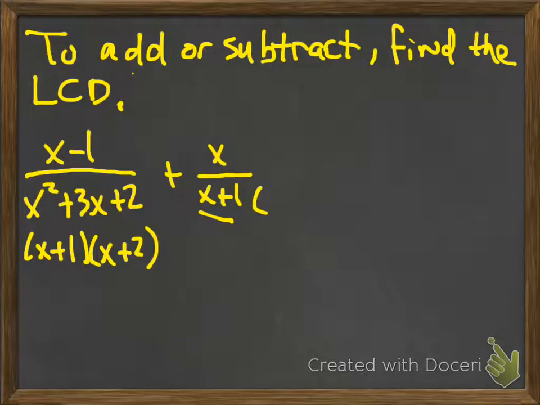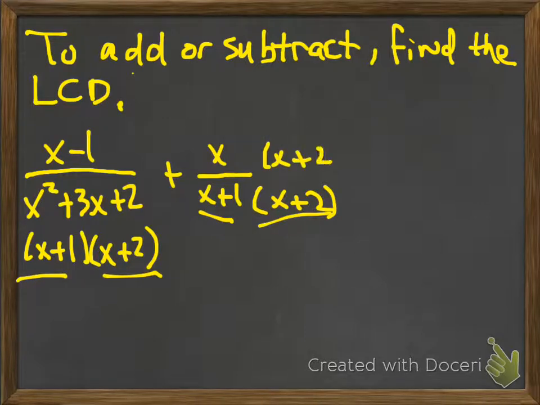But if you look at that, this fraction has an x plus 1, which is already in the other denominator. So what is it missing? Well, it is missing an x plus 2. Now if you put an x plus 2 here, these will match. But if you want to add an x plus 2 to the bottom, you've got to be fair and add an x plus 2 to the top and multiply it out.